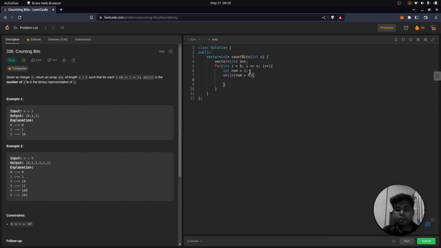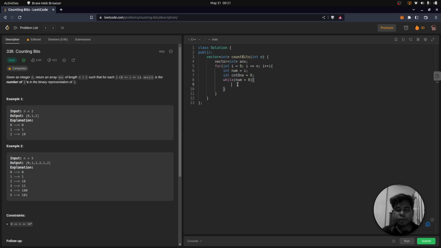Okay, and you will also have to take one variable as count1 to store the number of counts of 1 in the binary form of that decimal digit.